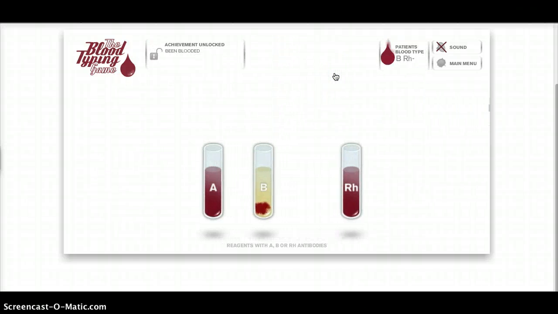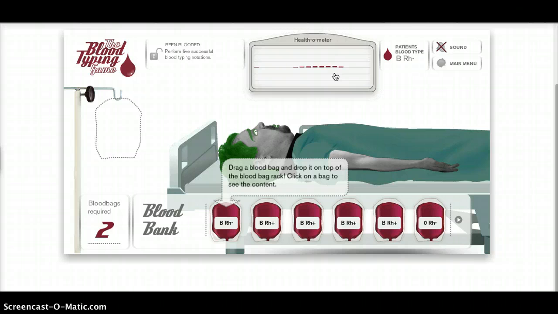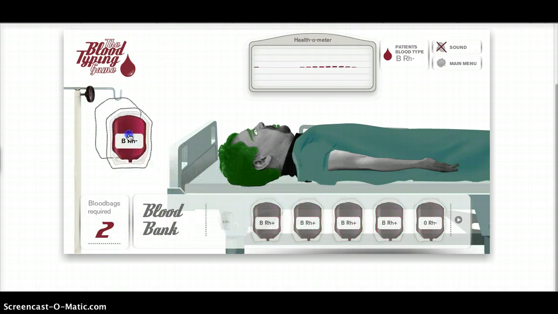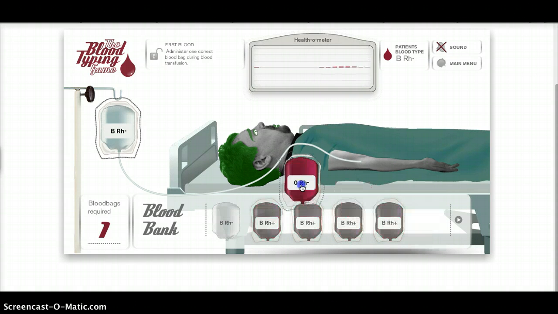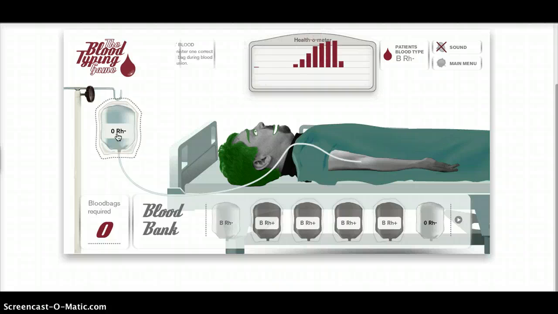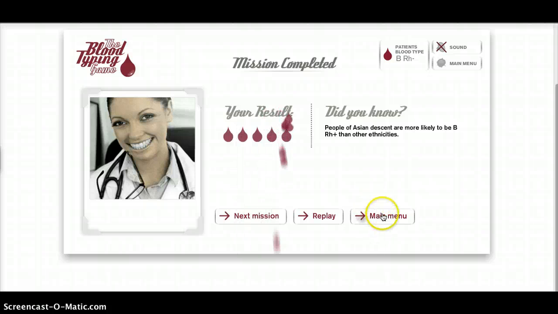But now the student needs to go one step further, and based on this, they need to figure out which types of blood this patient can receive. They are told that the patient will get 2 blood bags. So there's 2 different blood types that he can receive. So he can receive B negative and O negative. And now this mission is complete. So the student can stop here or can continue on to the next mission.